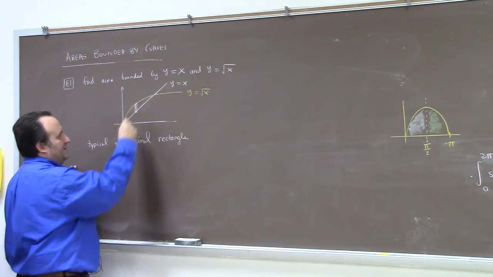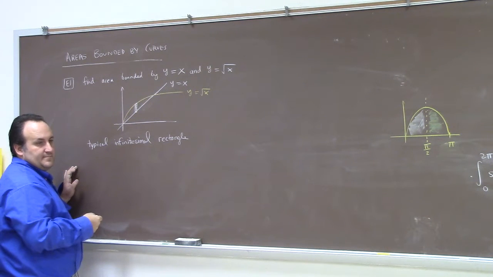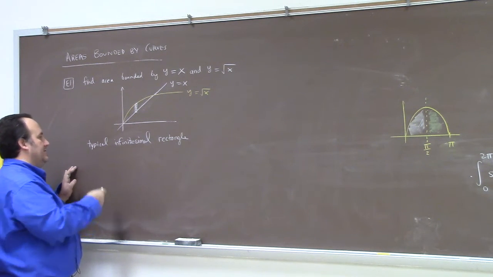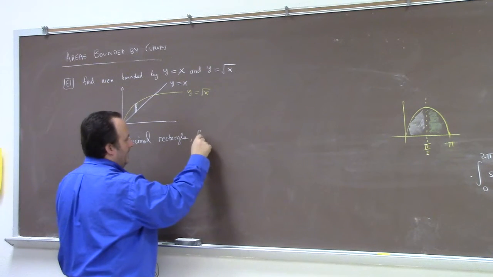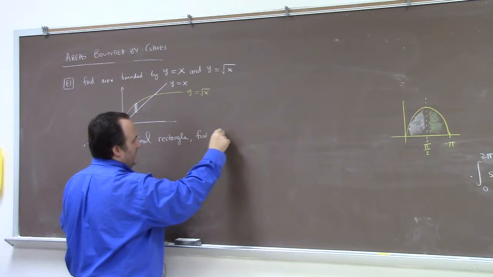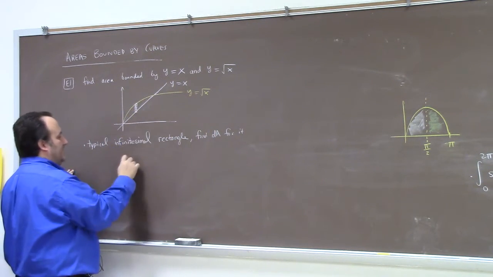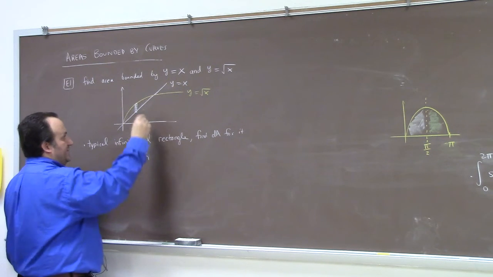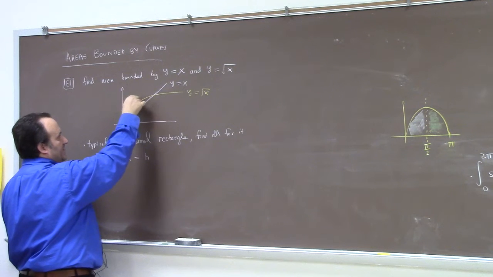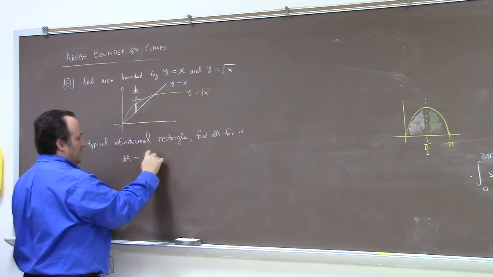Okay, there's my typical rectangle. And then I find dA for it. So here, dA is equal to the height of the rectangle times the width of it. What's the width? Well, the width is dx in this case.